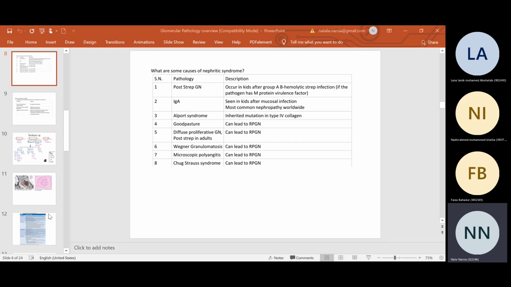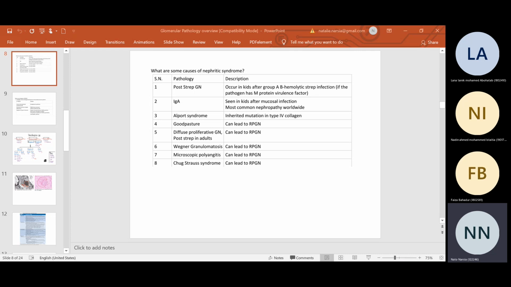Now, when we talk about post-streptococcal glomerulonephritis, guys, I want you to pay attention to the time: 2-3 weeks. I need to emphasize this information because students usually don't pay attention to it. Imagine a child has pharyngitis or some skin infection and recovered.